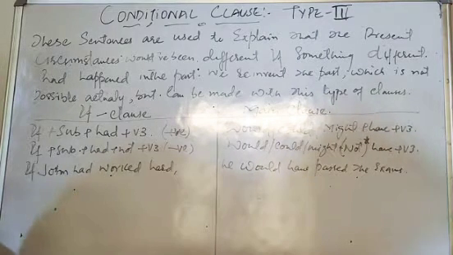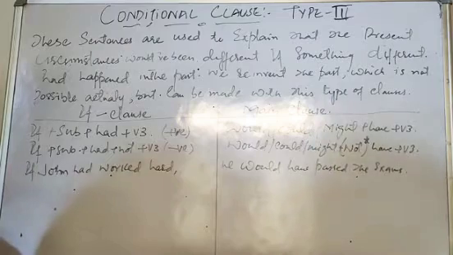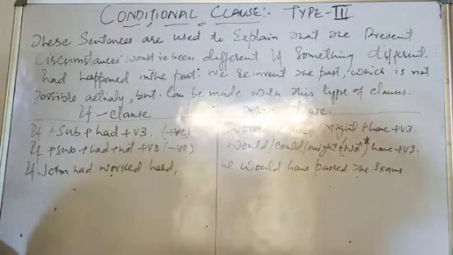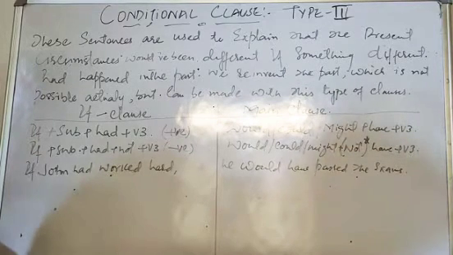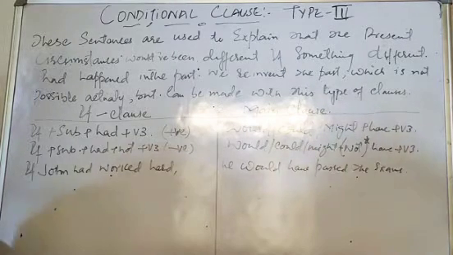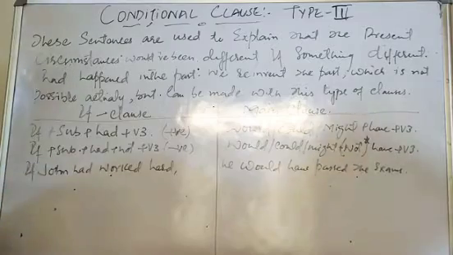Right now, if we want to recreate last Sunday, we want to revisit last Sunday, we want to actually make that match happen, we would say if it hadn't rained last Sunday, we would have played the match. So same goes with conditional clauses type third.